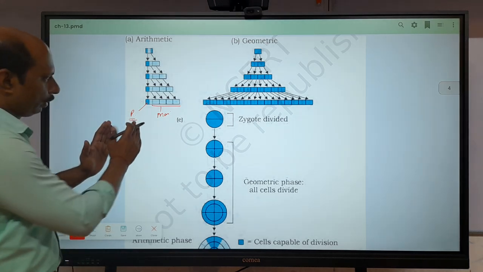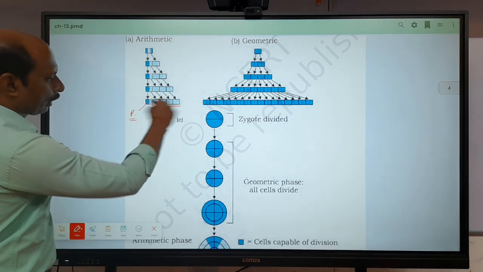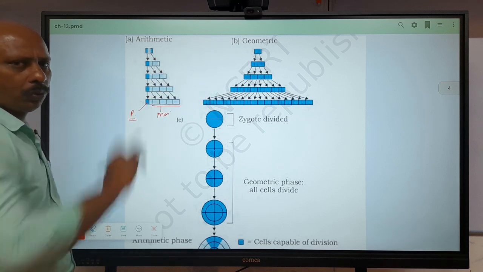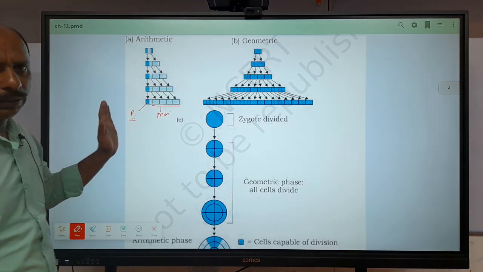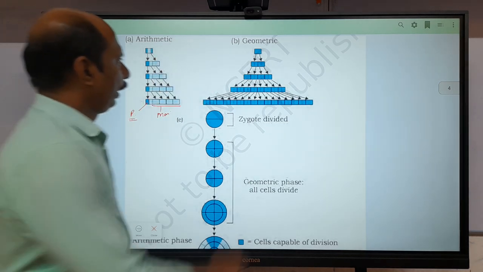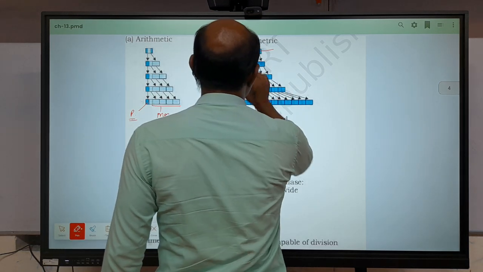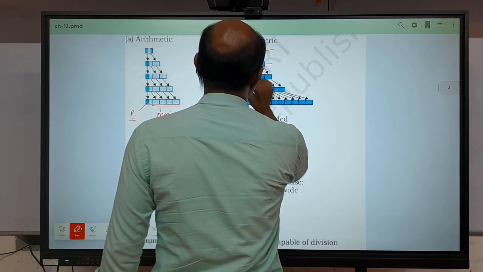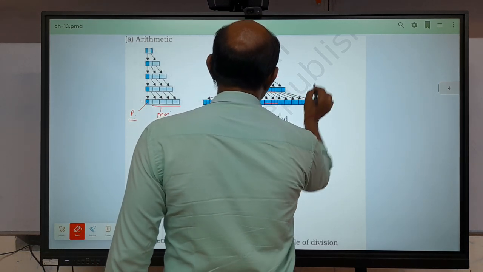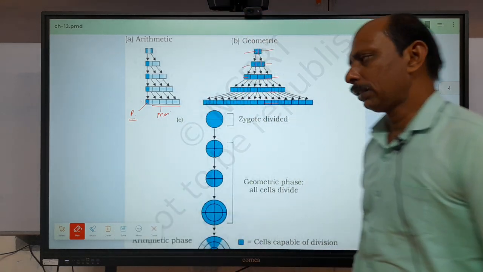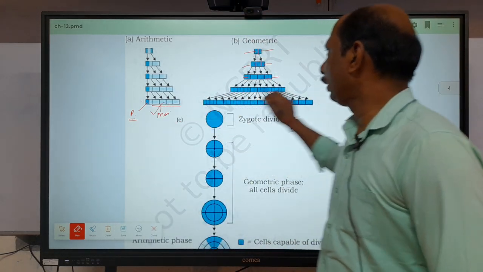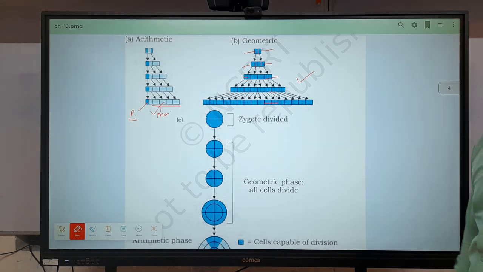So one cell continues to grow, but the other has stopped. Here, on both sides, cells continue to grow. So this one is called arithmetic and this one is called geometric, right?